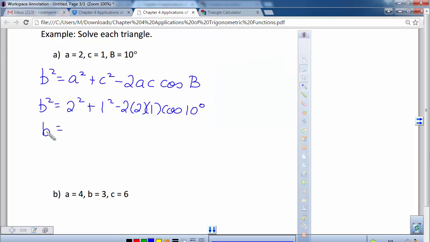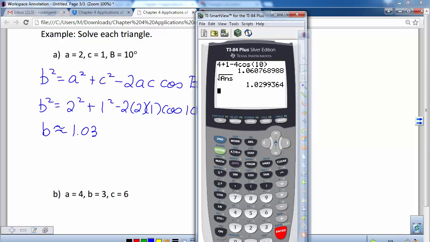Okay, so we'll say B is approximately 1.03 for right now. Of course, on our calculator, we're going to store that value for B because when we do additional calculations, we don't want to have any round off error.